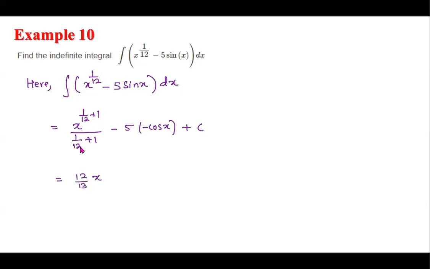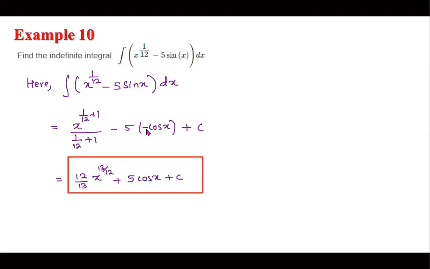So 12 over 13 times x raised to 1 over 12 plus 1, which is 13 over 12, and then this one is negative and this is negative. Negative times negative is positive 5 cosine x plus c. So that is the antiderivative of the given function. That was example 10. Okay, we have a few more to go.